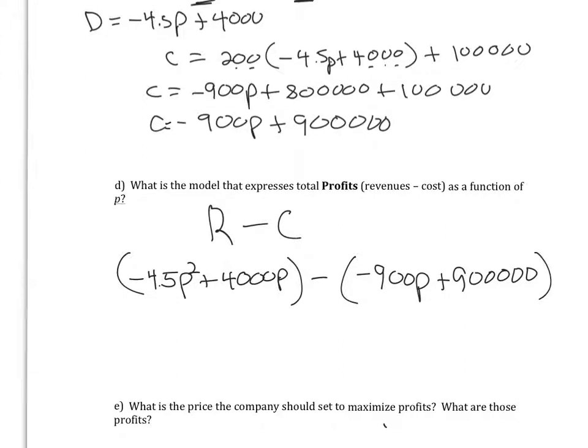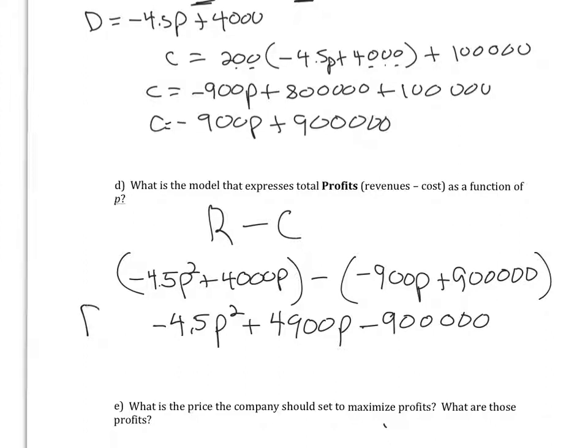When we work this through, we end up with negative 4.5p squared plus 4,000 plus 900, so plus 4,900p minus 900,000. Okay, that is our profit function.